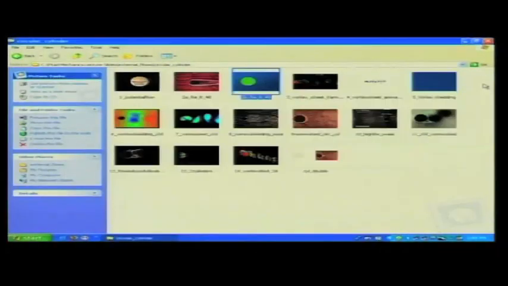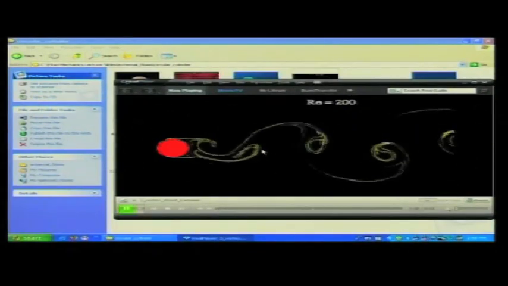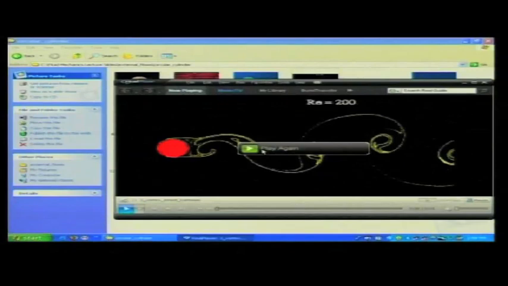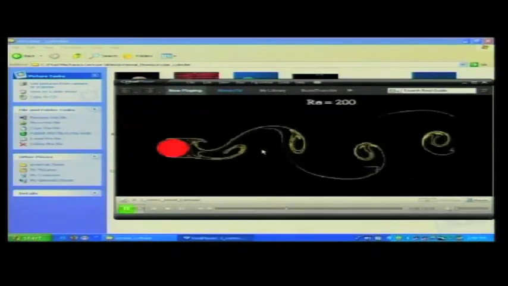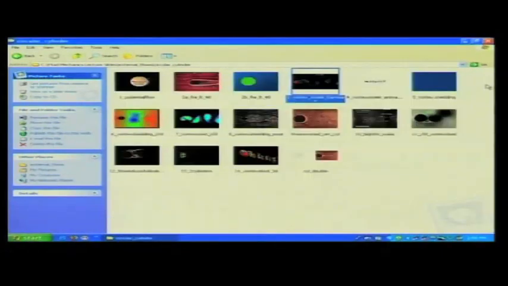Now, if you increase the Reynolds number, you see certain interesting things. These are staggered vortices which are forming. There is one row of staggered vortices interacting with another row of staggered vortices, and these are rolling in opposite directions.